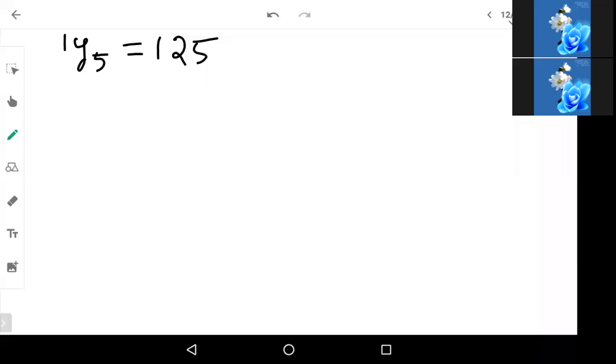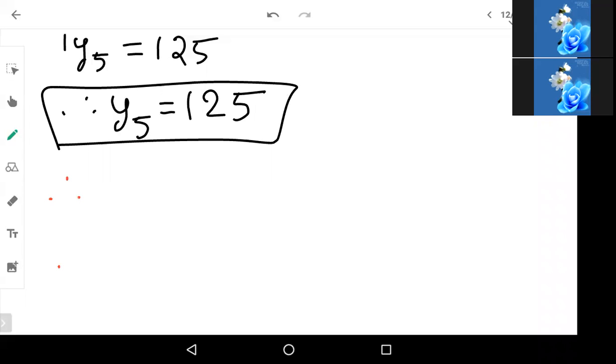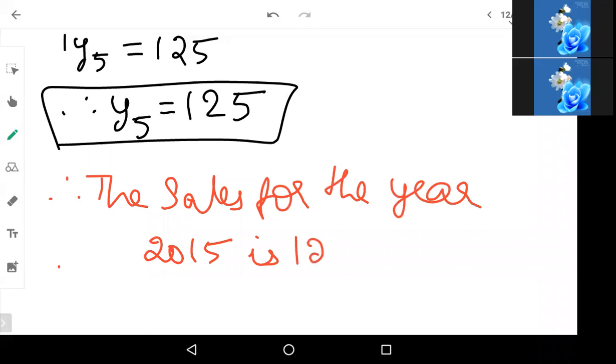So therefore, the answer: since it is 1 into y5, which means y5 is equal to 125. So this is the final answer, and therefore you can write the sales for the year 2015 is 125.